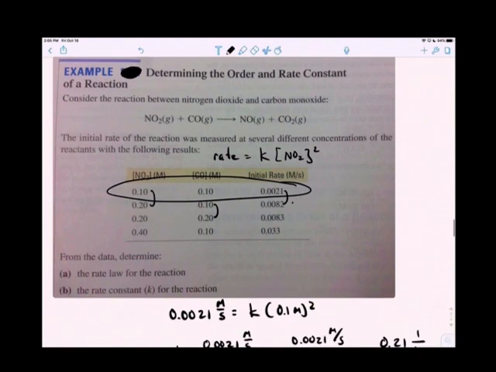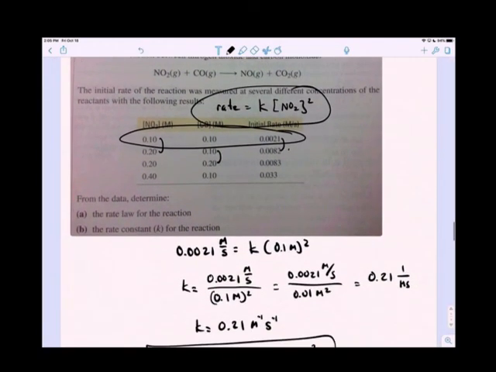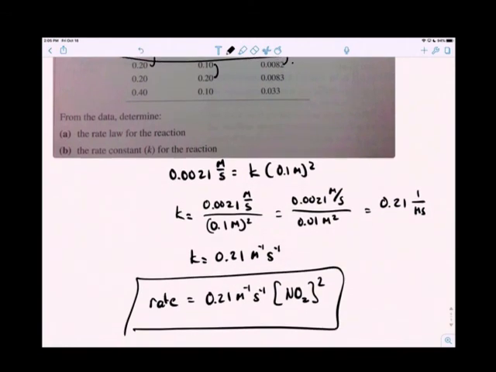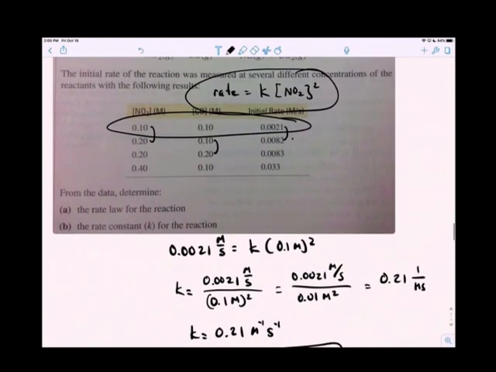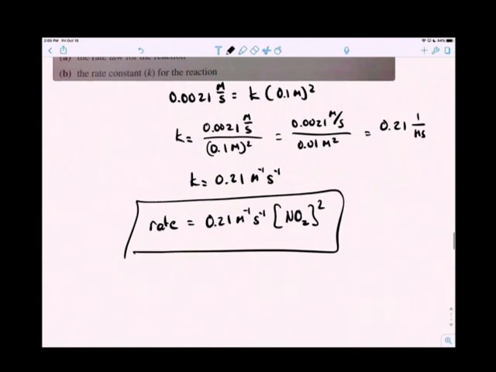So we can then write out the rate law this way, and then we can plug in the rate law to figure out what the rate constant is. You can pick any of these for the rate constant. I like this one because it's in point ones. It's easy for me to do the math in my head with the factors of 10. So you can pick any one you want. They're all the same answer.